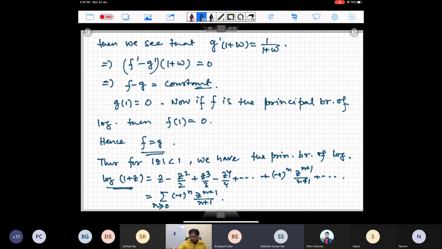Of course log is not defined at 0, so I have just translated it to 1 plus z. So around the point 1 I have translated it, and I have got the power series expansion for the principal branch of logarithm. Fine, agreed? All of you are clear with this?